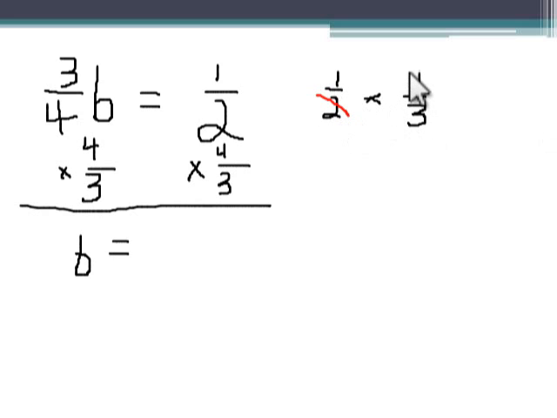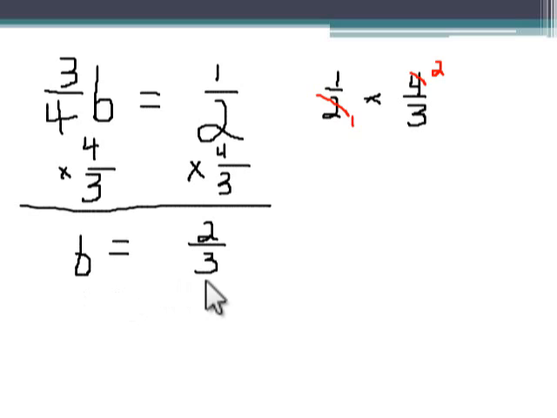We can divide by 2. So this would be 1. This would be 2. So now, when we solve this, we multiply 1 times 2. So that's going to be 2. Put my answer down here. And 1 times 3. So that's going to be 3. So our solution is that b is equivalent to 2/3.